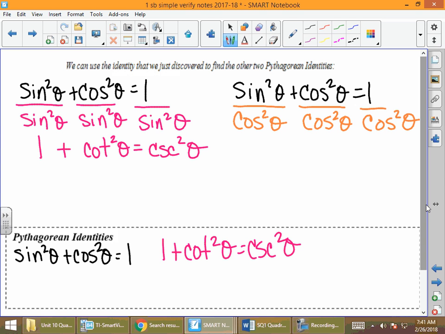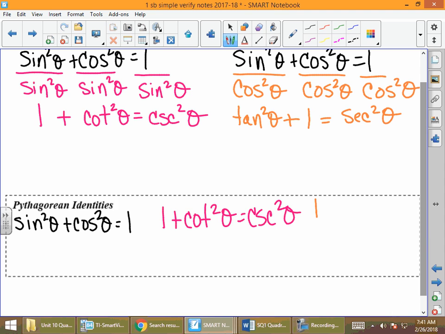When we simplify, looking at our quotient identities, sine squared divided by cosine squared is tangent squared. Cosine squared divided by cosine squared is 1. And here's our reciprocal identity: 1 divided by cosine squared is secant squared. And that's our third Pythagorean identity, to be more specific.